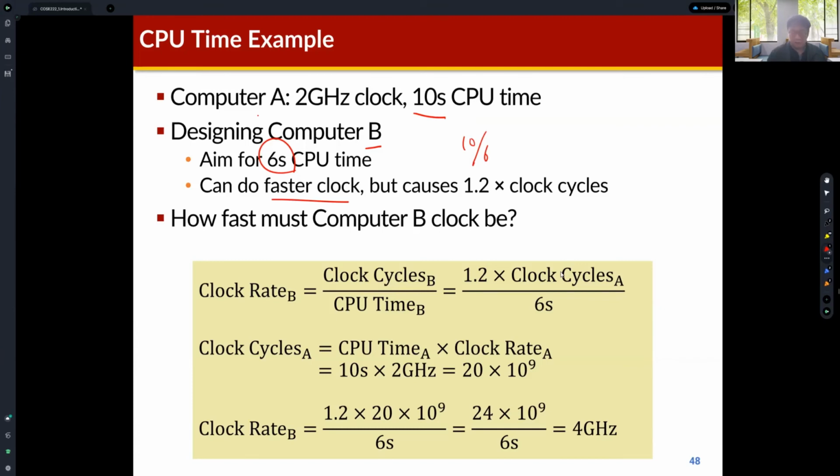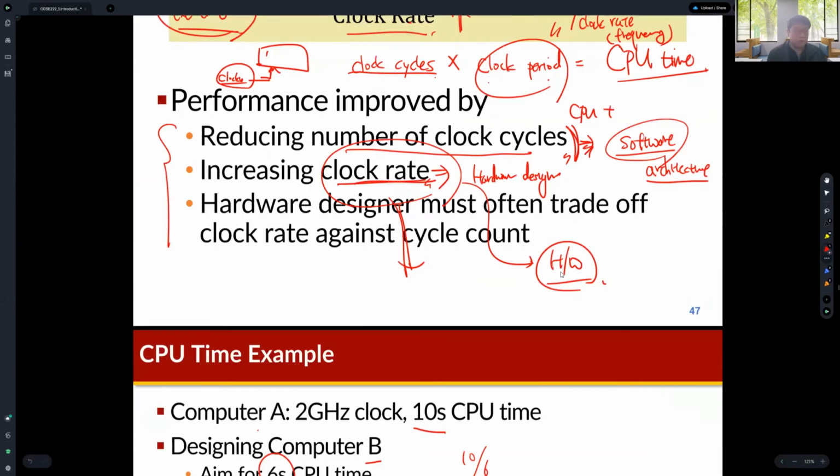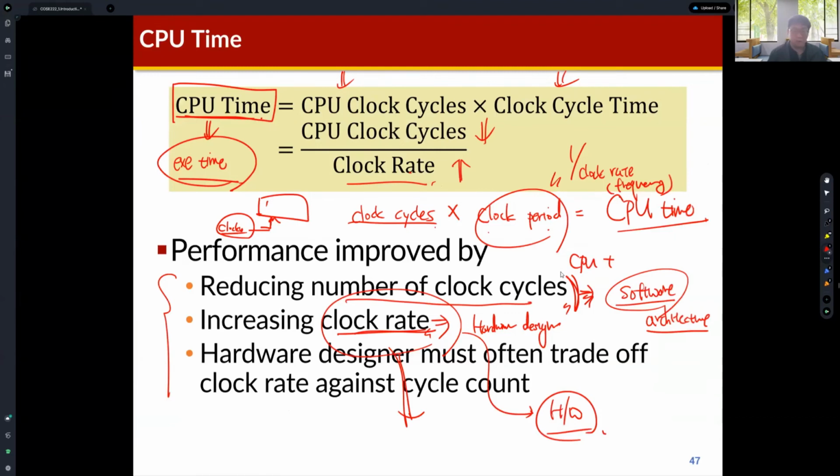Okay. So in the previous slide, I explained that this is the software part and that this is the hardware part, but it's not clearly divided.